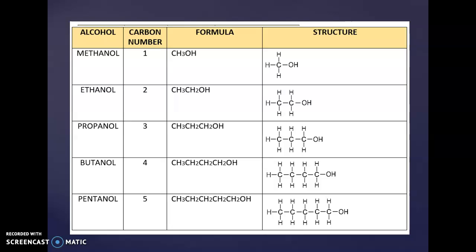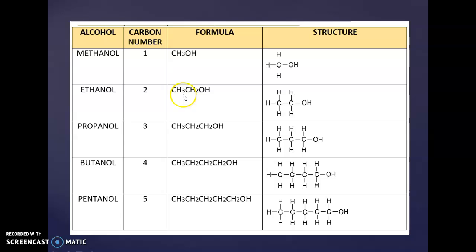Now look into the example of the homologous series of alcohol. The first alcohol is methanol, CH3OH. Methane is CH4, and one hydrogen is replaced by the functional group OH. Now the next member: we know that the successive member differs by a CH2 group. So CH3OH becomes CH3CH2OH.